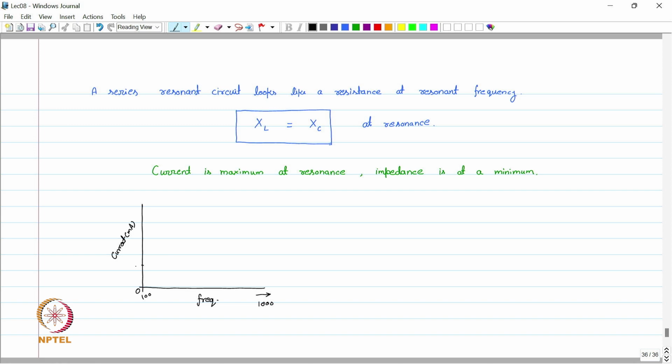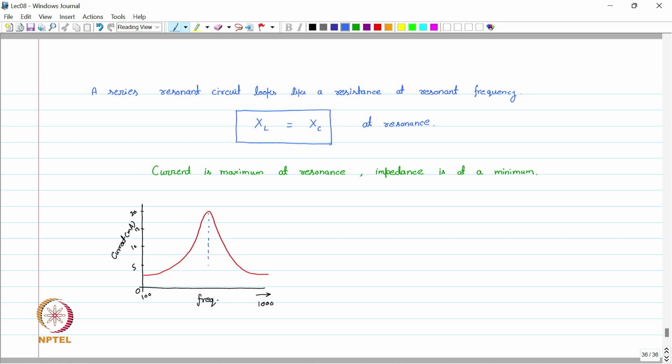Let's say typically it's 5, 10, 15. So if we plot this current versus frequency graph for a series resonant circuit, it peaks up at a certain point and again goes down beyond this frequency.